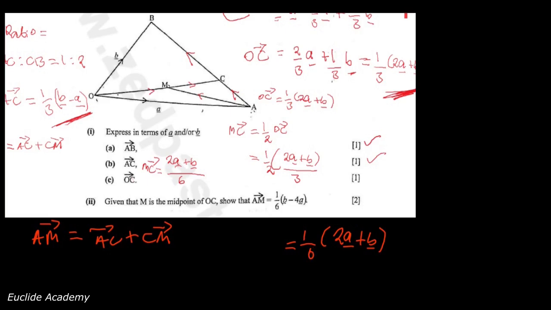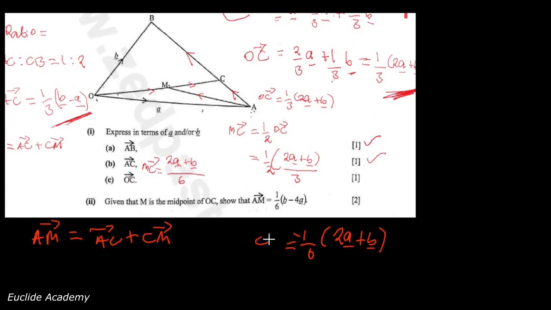Okay, so this is now the vector MC. If you want to make it the vector CM, then we introduce a negative there. This becomes negative 1 over 6 (2a + b). So now we have the vector CM.